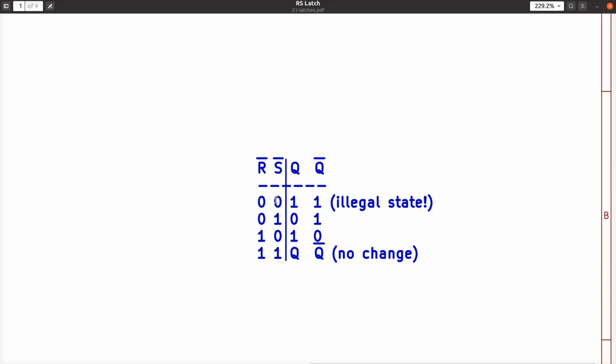It turns out, as we showed, if R is 0 and S is 0 at the same time, Q and Q bar will both be 1. But eventually, if anything changes over the course of time, one of these will become 1 before the other one will.